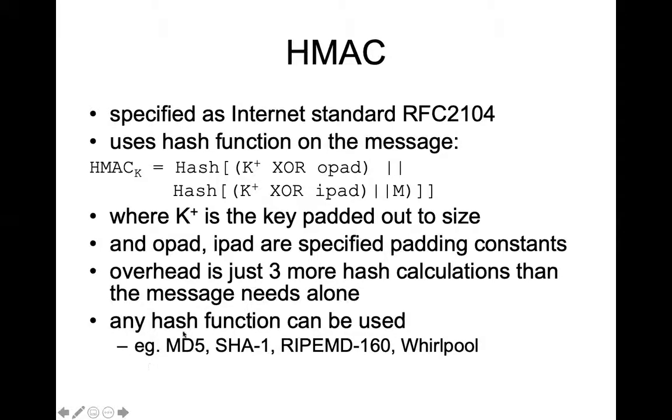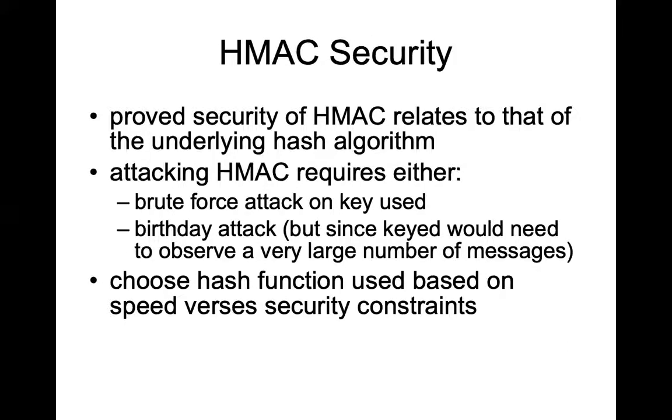Okay, and the advantage here is that you can use any hash function and you can get a corresponding HMAC by just doing that. So it's much cheaper than using something like DES or AES in cipher block chaining mode. Hash functions are generally supposed to be much faster. Okay, so the security of the resulting MAC depends on the robustness of the underlying hash algorithm.